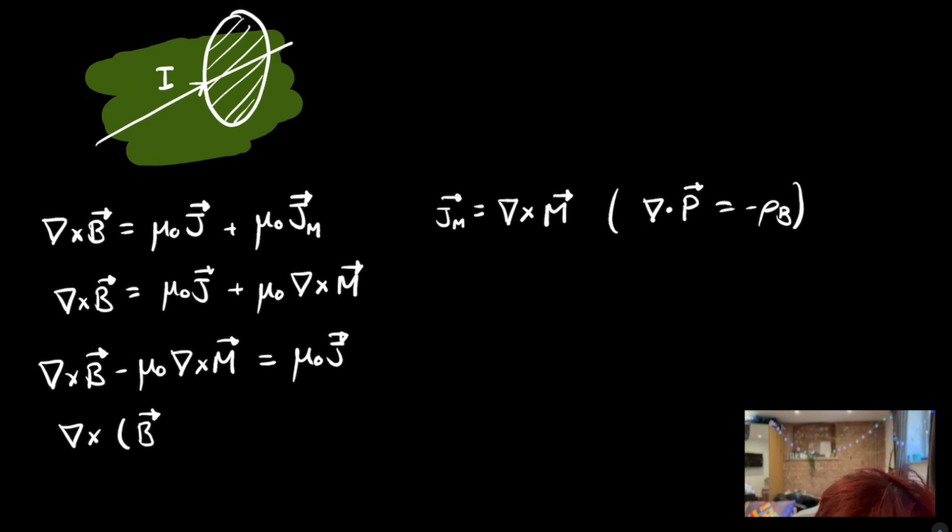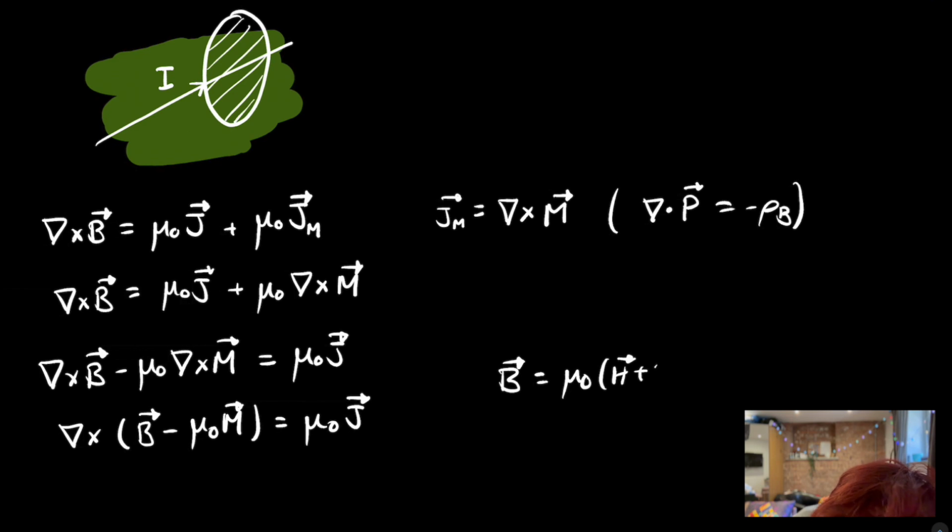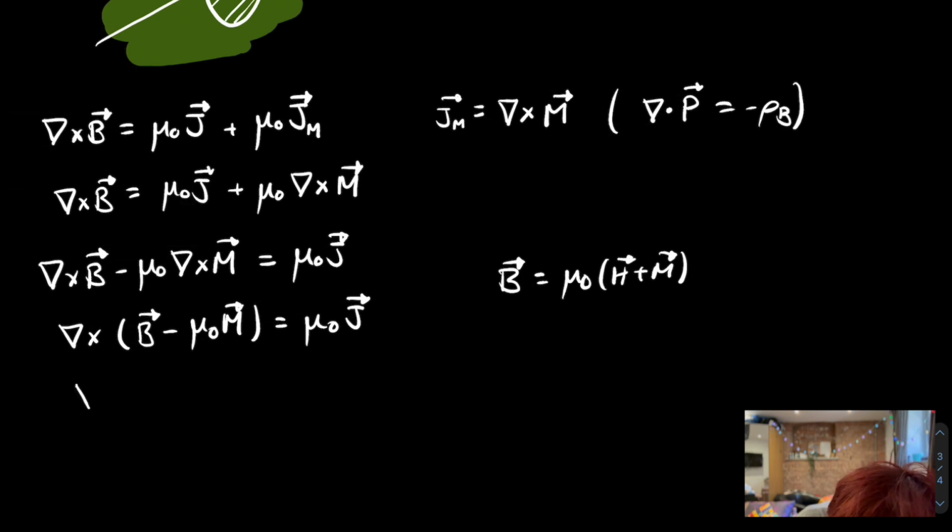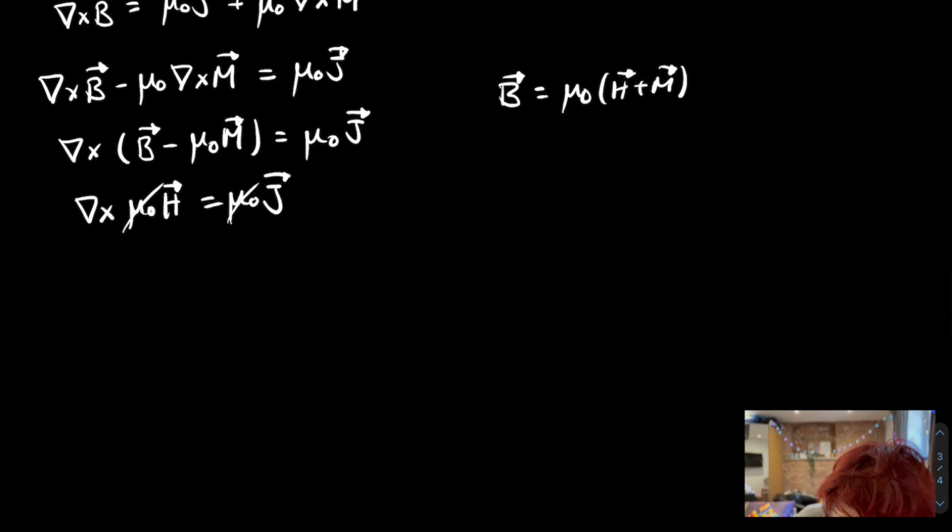So we get that the curl of B minus mu naught M is equal to mu naught J right here. And this term right here, if we go back to our relationship that B equals mu naught H plus M, you get that this term in the brackets right here is simply mu naught H. So we can substitute this in and say that curl of mu naught H is equal to mu naught J. Of course, the mu naught's going to cancel, and so we get that the curl of the magnetic intensity is equal to J right here.